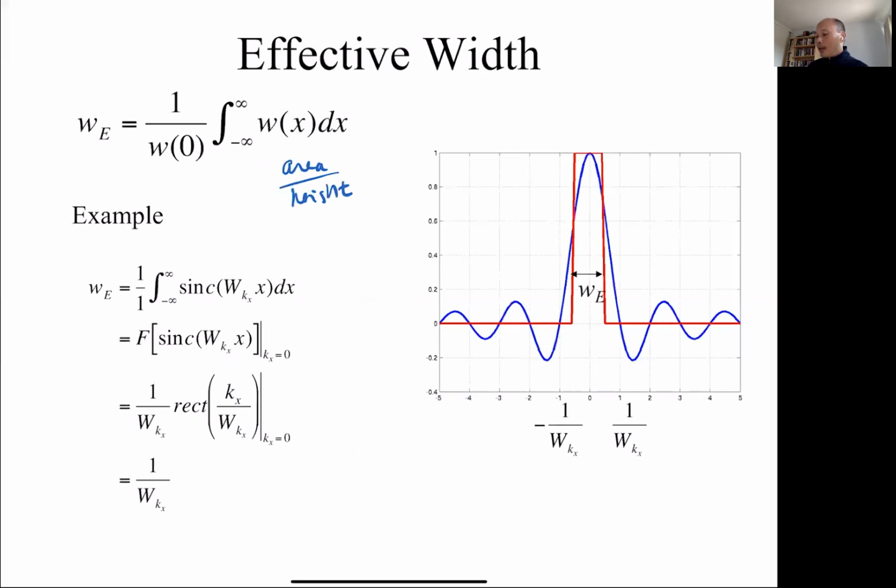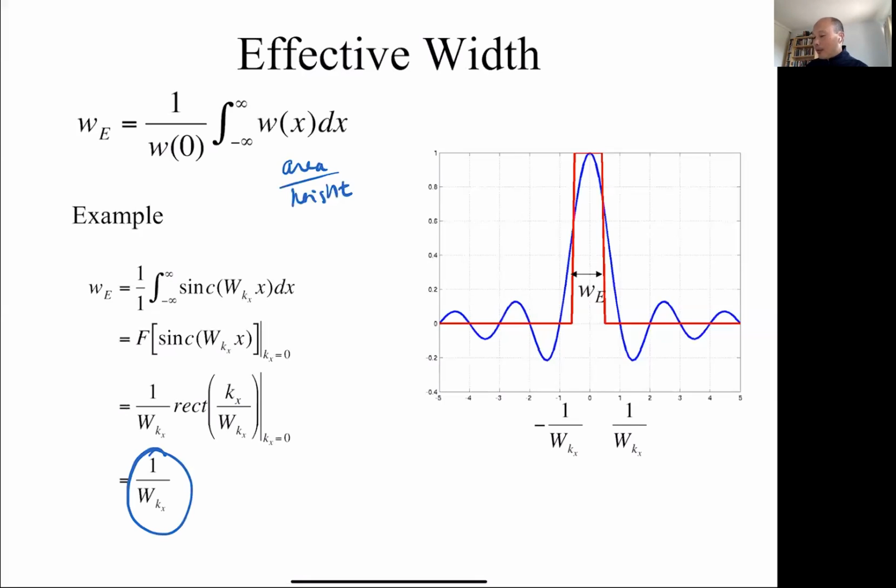Okay. And as you saw in your homeworks, you can get the area very simply by taking the Fourier transform at the 0th frequency. And so it turns out we can solve for this, and we find out that the effective width of a sinc function is simply 1 over WKX.